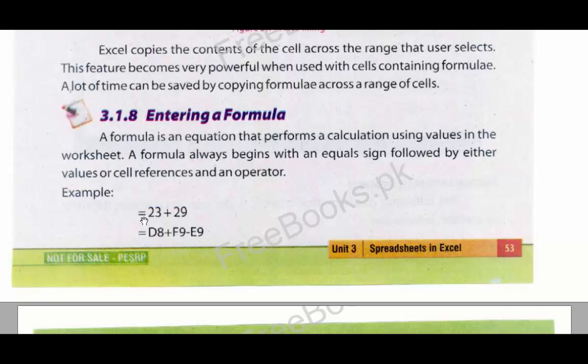If you do not put the equal sign before the calculation of operands and operators, it will not calculate the value. Example, =23+29, =D8+F9-E9. D8 means D column 8th row, F9 means F column 9th row, E column 9th row. It will first add both of them and then subtract the value from it.